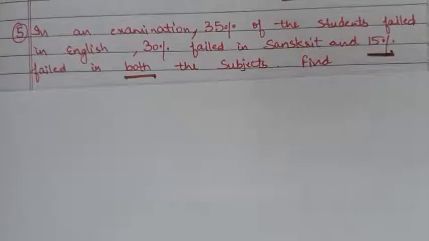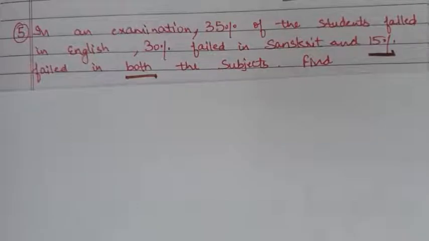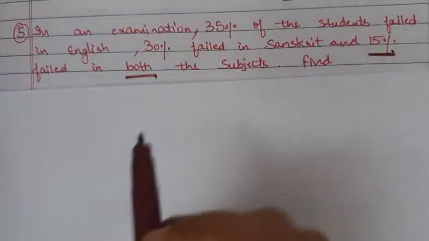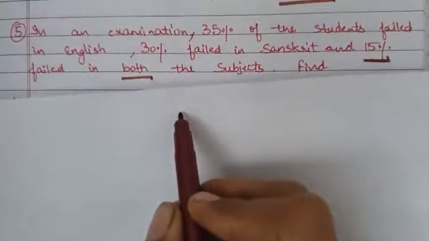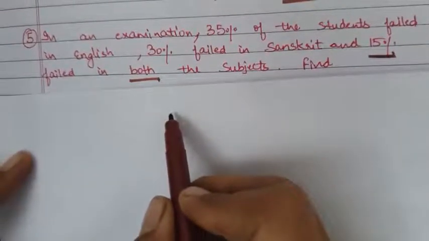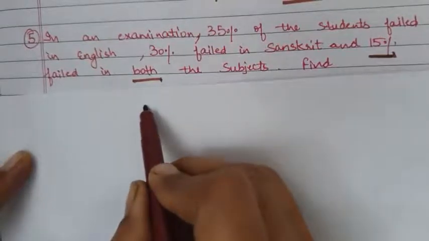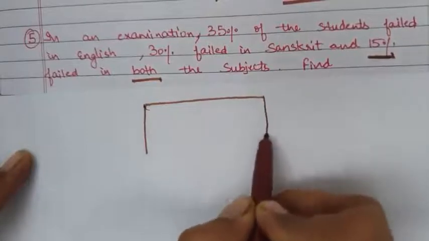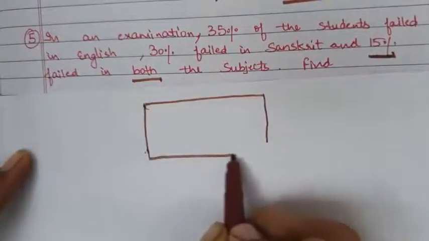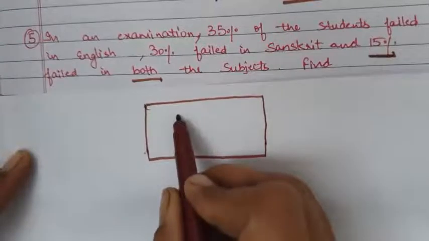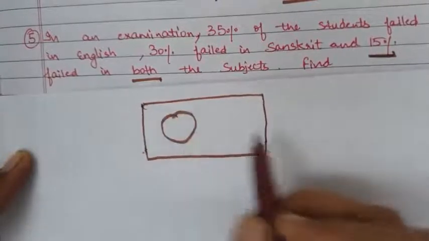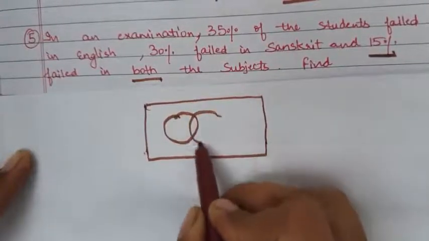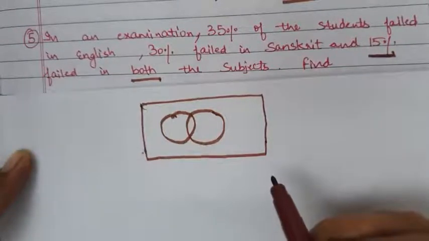Students, we will do this question by Venn diagram because it will be very easy with that. Now, in an examination, 35% of the students failed in English. There are two subjects, English and Sanskrit. Let us draw the rectangle first. This is English and this is Sanskrit. Fine.